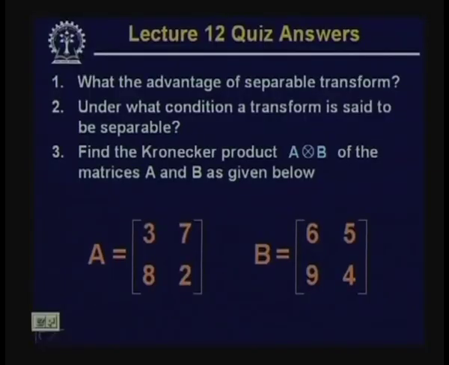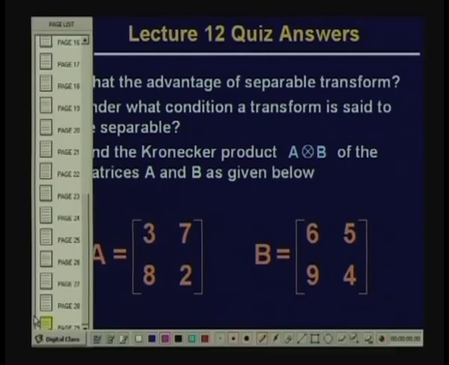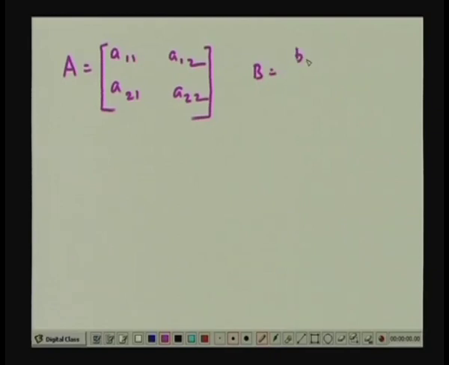Now, the third question: find the Kronecker product of A and B. The Kronecker product of two matrices A and B will be represented as follows. Suppose the matrix A is given by A11, A12, A21, A22, and the matrix B is represented as B11, B12, B21, B22.